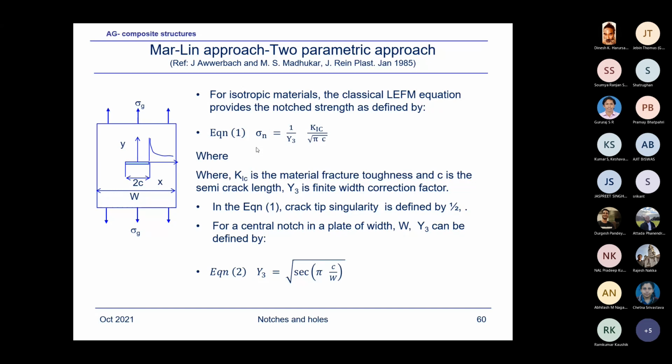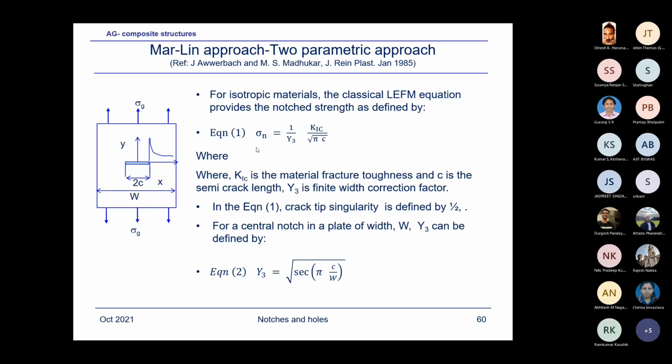We know for an isotropic material, classical linear elastic fracture mechanics provides the notch strength as defined by sigma n, that is notch strength, equal to 1 upon Y, the configuration factor, times K1C, which is the fracture toughness of the material, divided by root pi c.